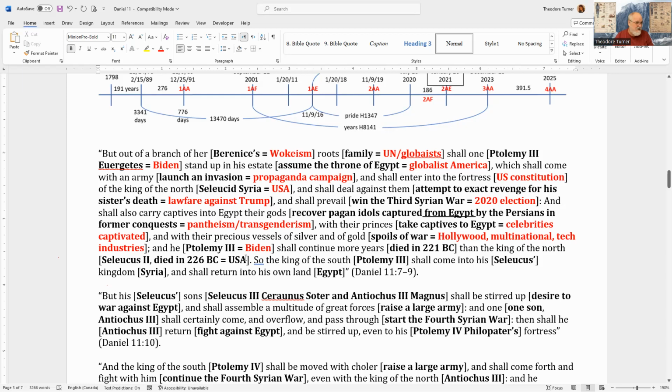And that may not make sense, unless we understand the USA as a republic or the Republican Party or something under Trump, but we're just going to put it there. So the king of the south, Biden, shall come to Seleucus into his kingdom and shall return into his own land of Egypt.